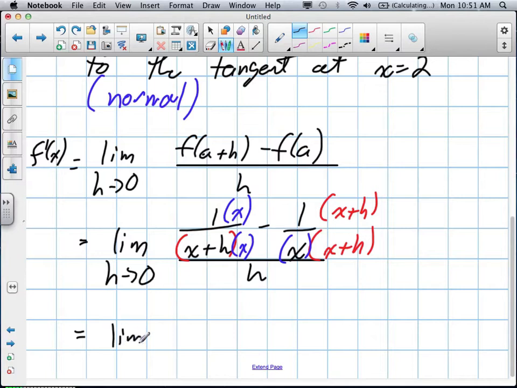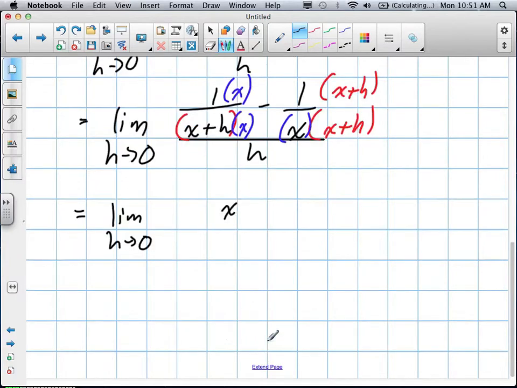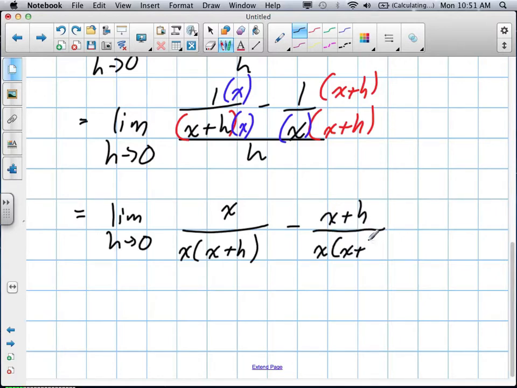So our limit as h approaches 0 is x divided by, and we're just going to keep them separate for now, x times x plus h, subtract x plus h divided by x times x plus h, all over h.